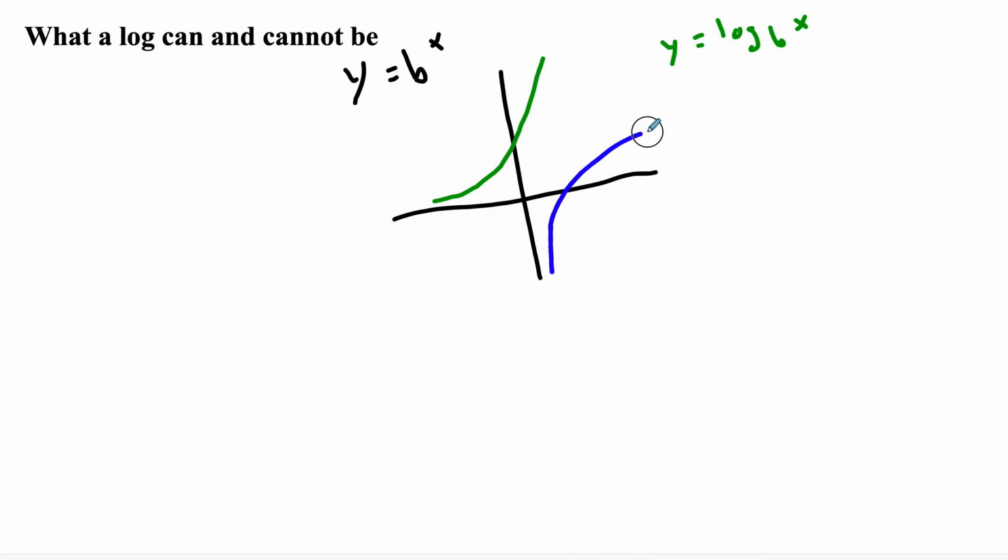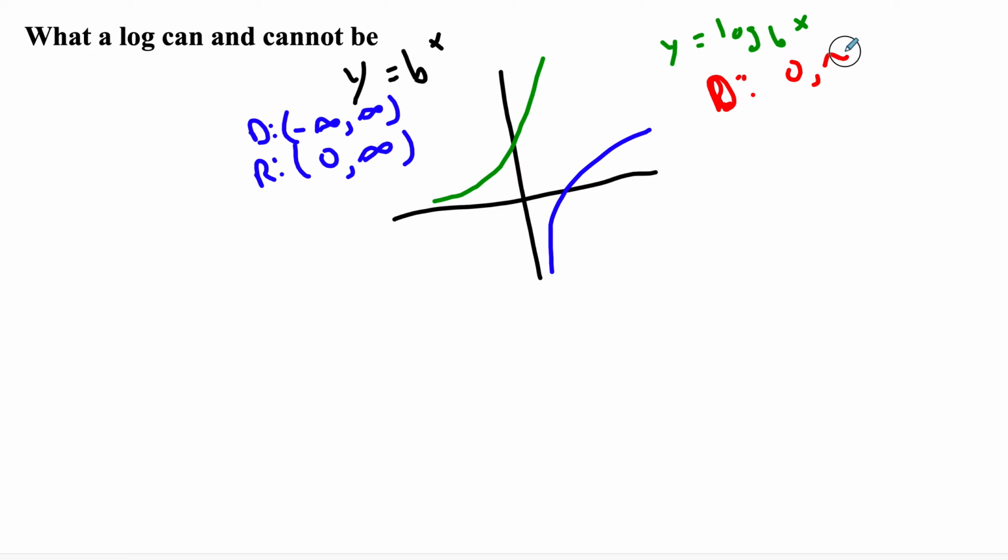Remember, the domain for an exponential is negative infinity to infinity, meaning any possible x can be plugged in. Positive, negative, 0 is okay. But the range has to be strictly greater than 0, meaning y is greater than 0. And if you remember from these being inverses, that would mean that the domain and the range switch.